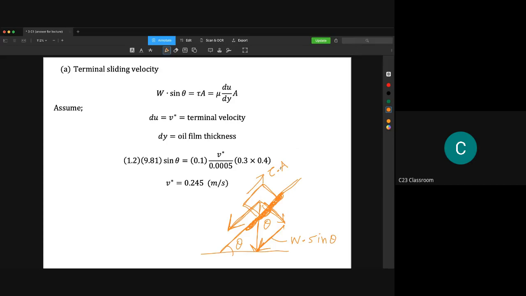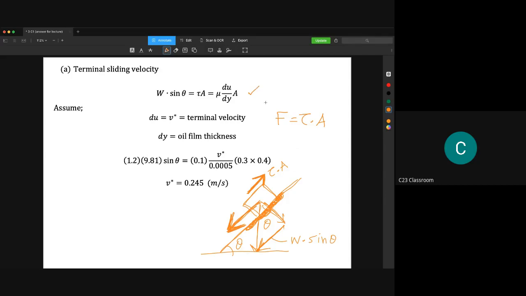As we know from previous notes, the idea of force equal to tau A is available in this situation. So now we have a force that moves this box downward, and at the same time a resistance that comes from the oil, which can be written as tau times A.